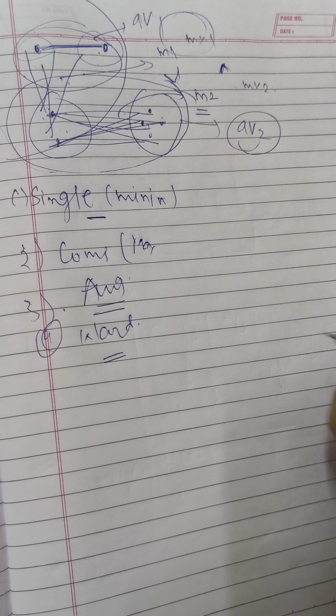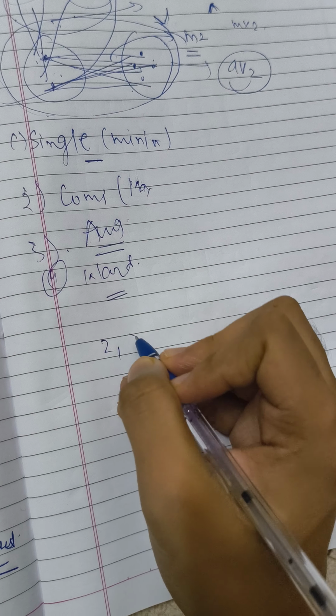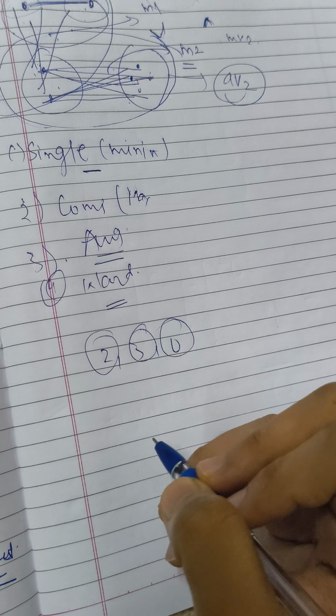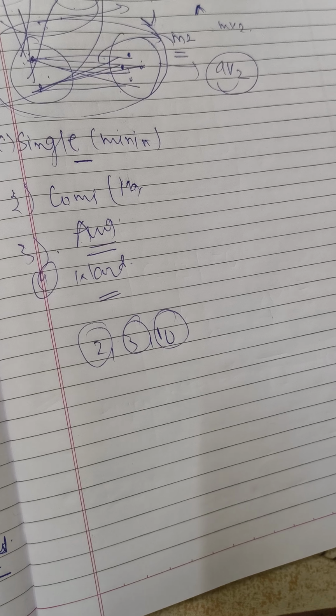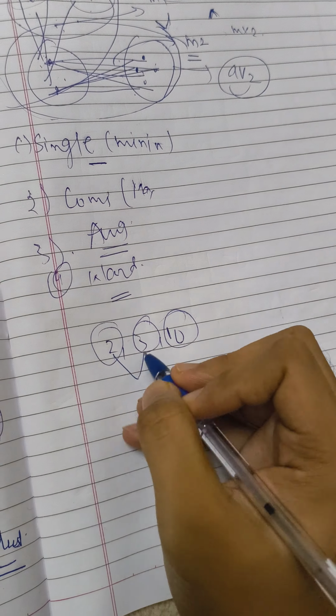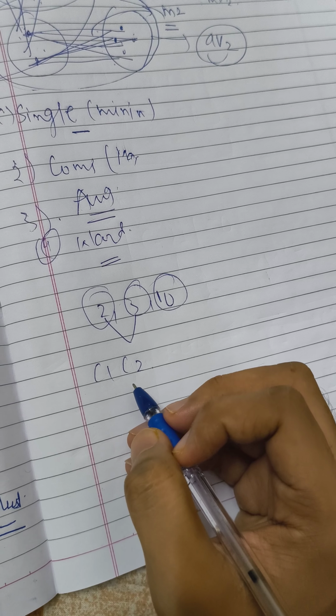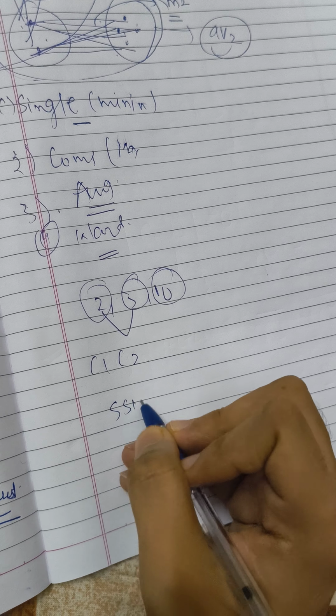Now suppose I have an example data set like 2, 3 and 10. Initially this is also a cluster, this is also a cluster and this is also a cluster. Now suppose I make a cluster of c1 and c2, I will calculate the sum of squared errors for this.